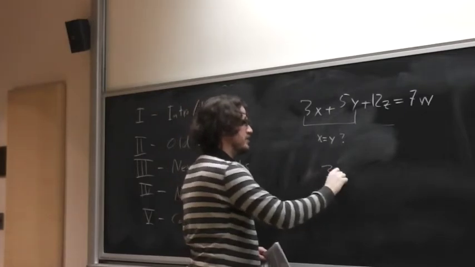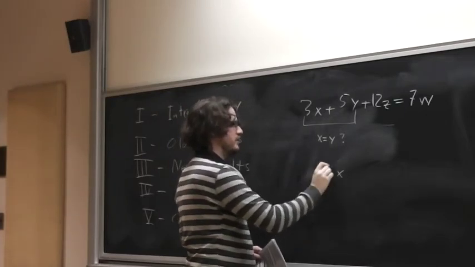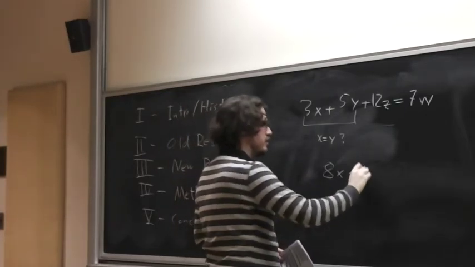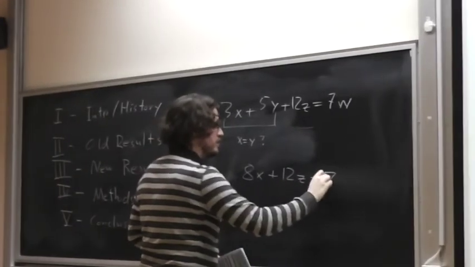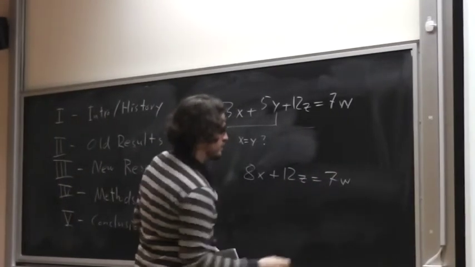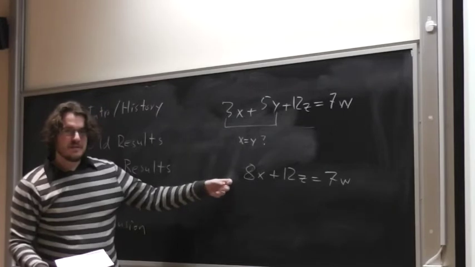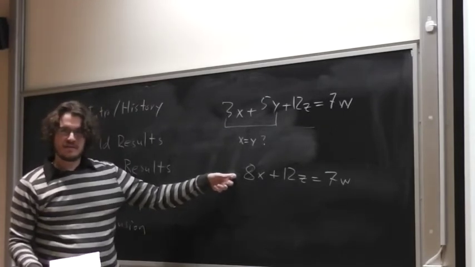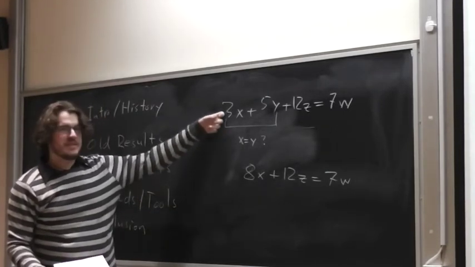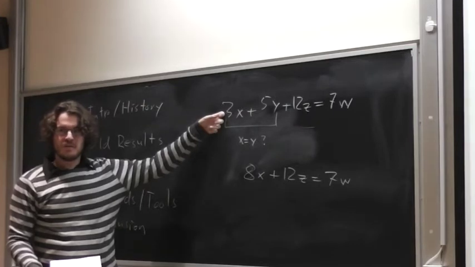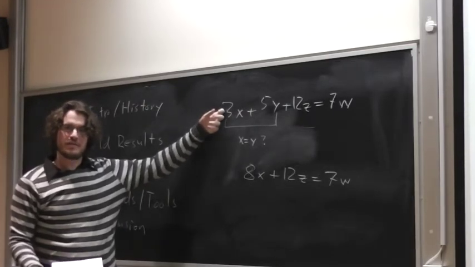Then I get an equation that looks like 8x plus 12z equals 7w. Any solution that I have for this will also give me a solution for the original, where one of the coordinates is just repeated.